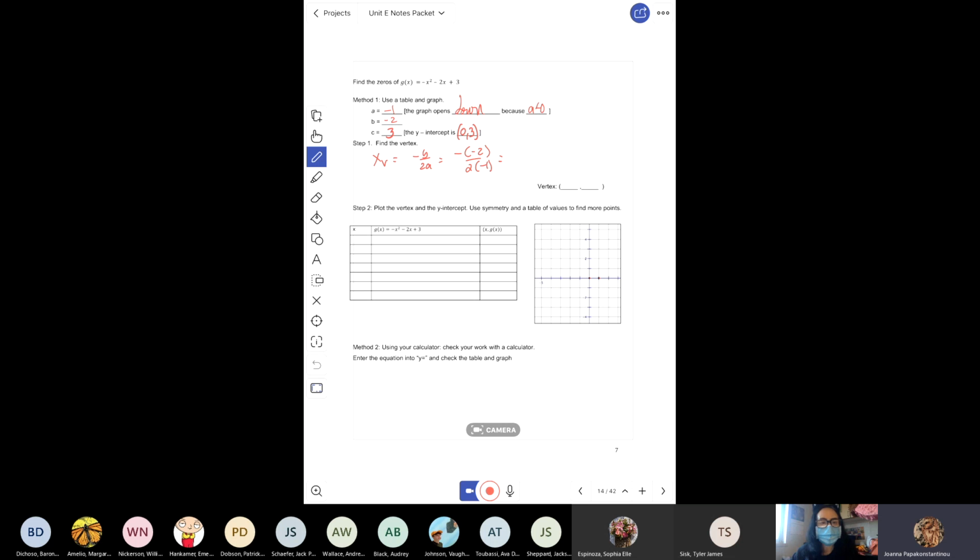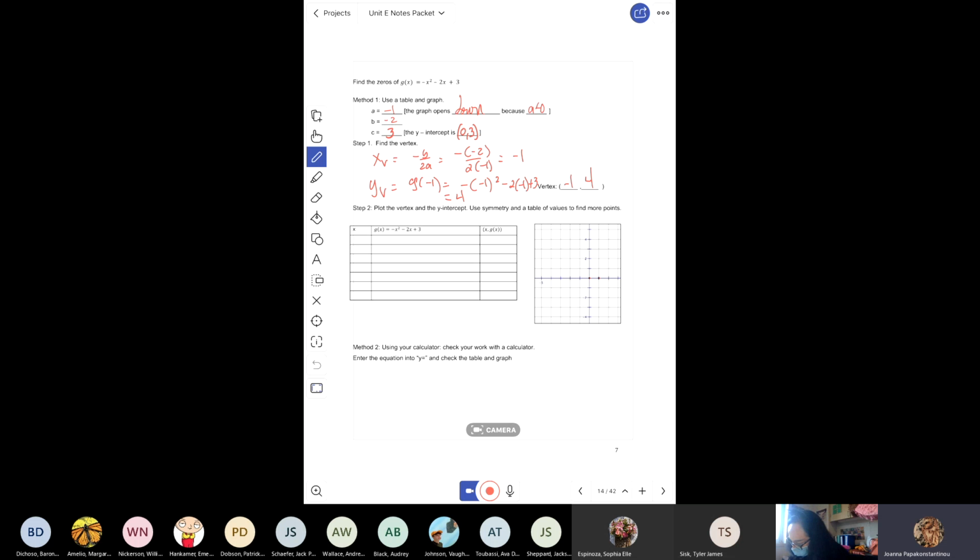So my x value of the vertex is -1. The y value of the vertex is the function evaluated at that x value. Being very careful. What is the y value? 4. So what is the vertex?